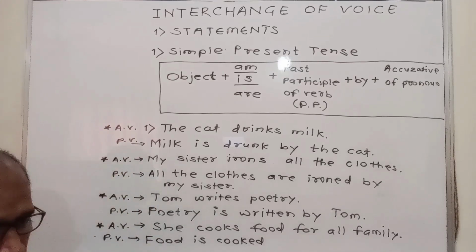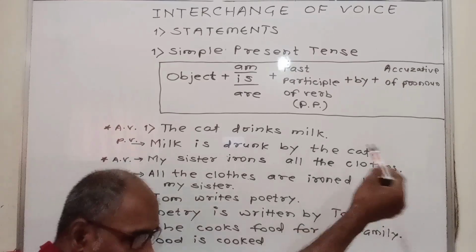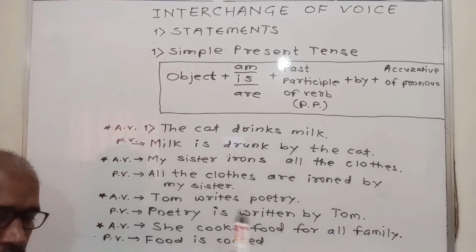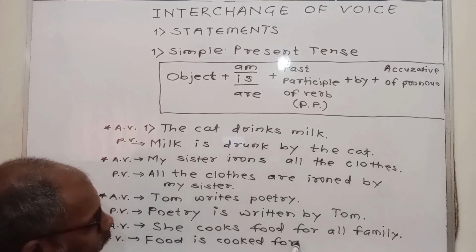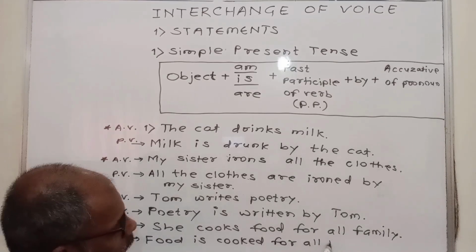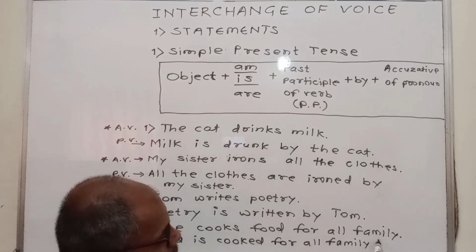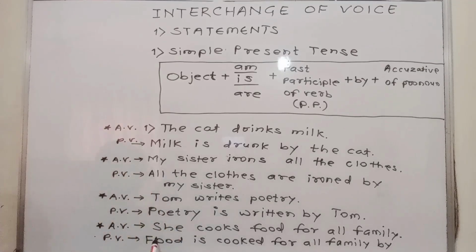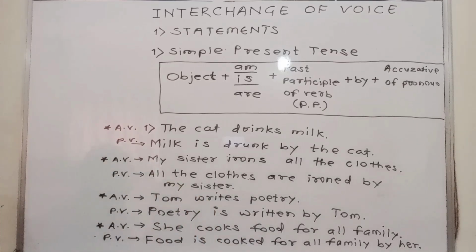I had told you previously, after PP or finally at the end. Did you get it? Food is cooked for all family by, she becomes her. This is accusative of she. Did you get it?